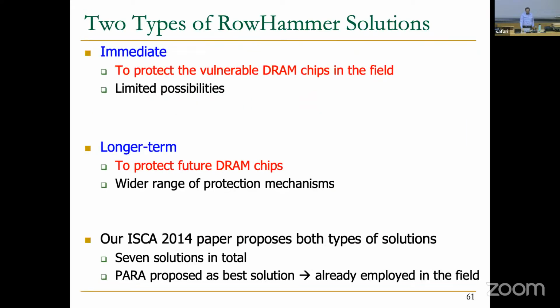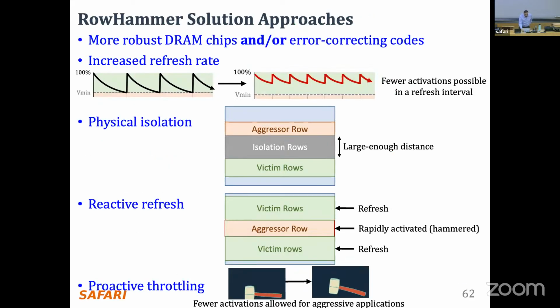So this paper in 2014, after showing this vulnerability, actually suggests immediate and long-term solutions. Immediate solutions are the ones that you can deploy immediately, basically software updates. Longer-term solutions require changes in the hardware, either in the DRAM chip or in the memory controller. You can summarize those solutions, well, some of the short-term ones as well, into these categories.